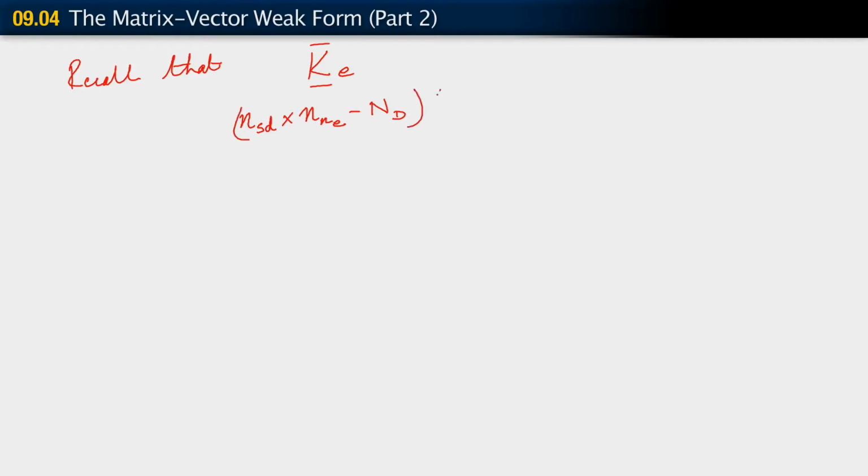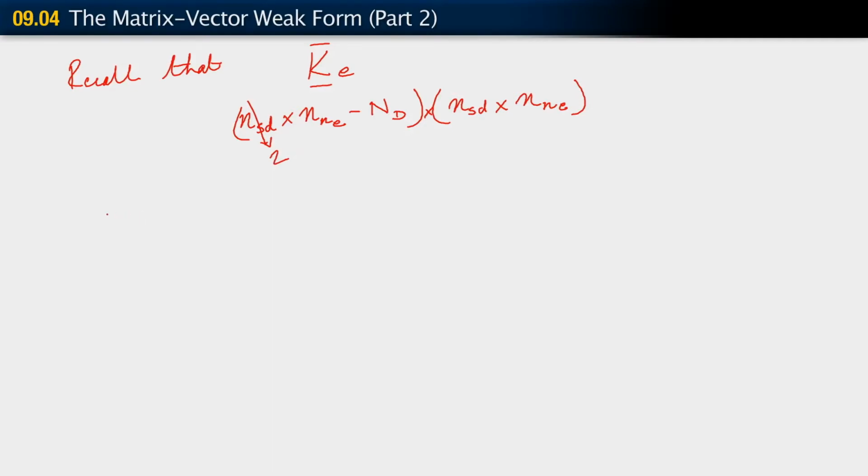This times NSD times NNE. Okay? This is no different from before, except for the fact that now NSD is 2. That's all, right? Otherwise, it's exactly the same thing. Okay?